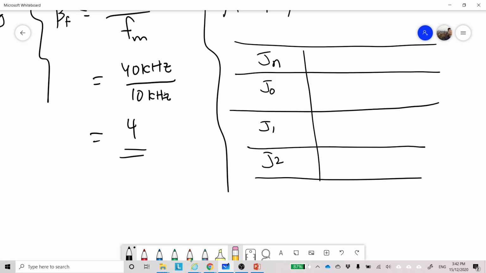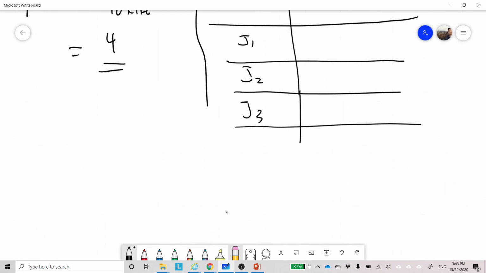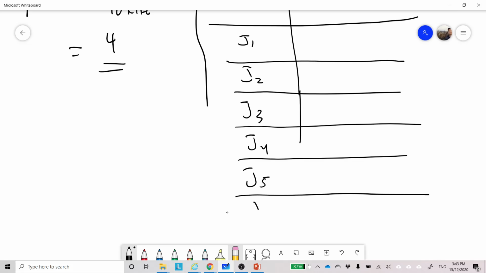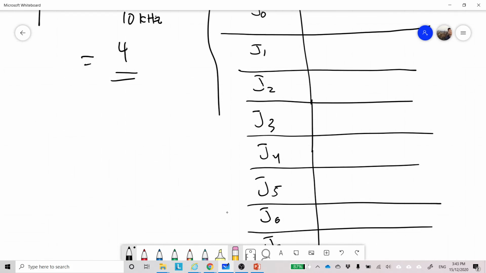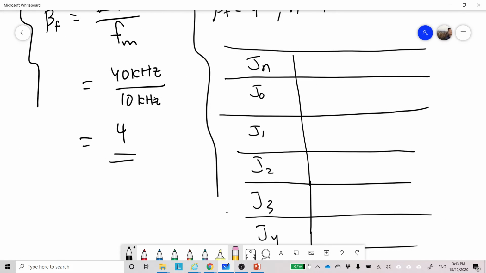J2, sorry ni saya padam sikit. J3, J7. So J0 adalah minus 0.4.